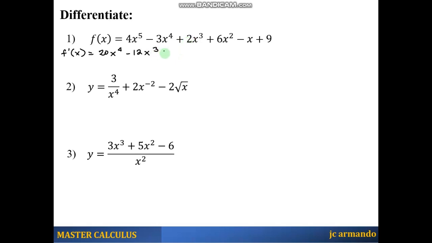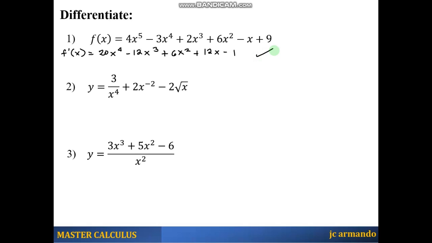Then plus 2x cubed, so 2 times 3, 6, x, 3 minus 1, 2. Plus 6x squared, so 6 times 2, 12, x, 2 minus 1 is 1. Minus x is 1. Derivative ng constant, 0. This is the answer. So 20x to the fourth minus 12x cubed plus 6x squared plus 12x minus 1.